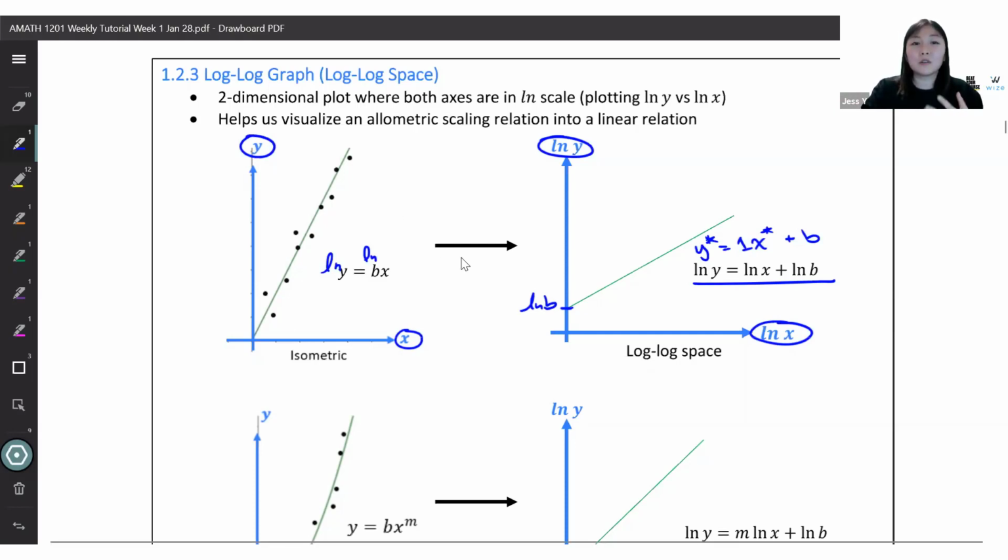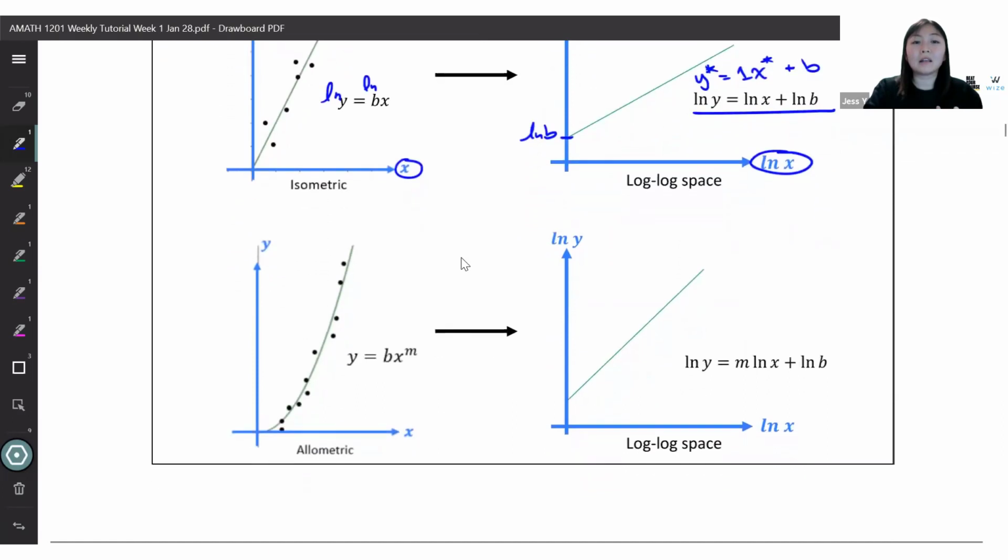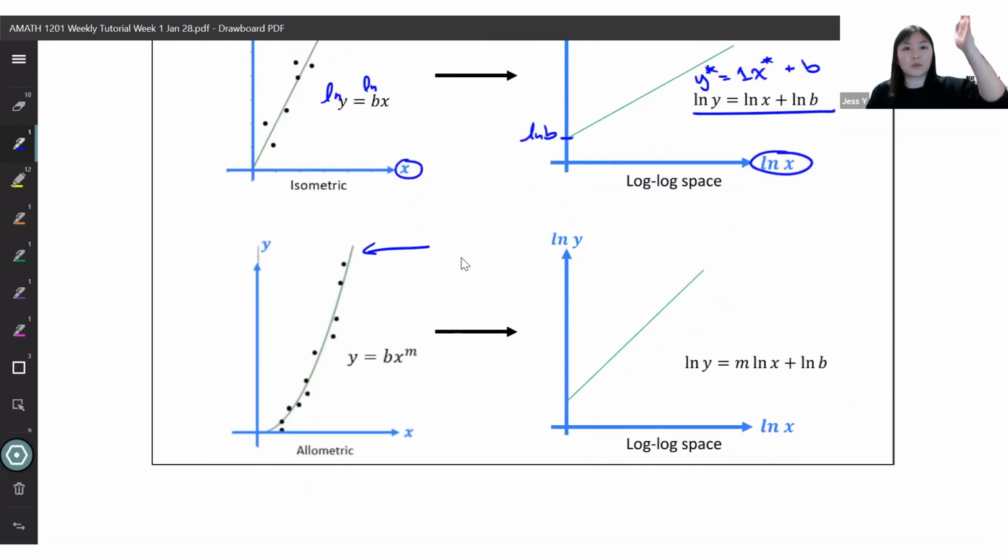But what's really interesting is when you have an allometric relation. So we have this kind of curve that just shoots up and grows really, really fast. Again, we do the same trick. We did it on the last slide, right? We take the ln of both sides, and then all of a sudden, we end up with ln y equals m times ln x plus ln b. I just rearranged them. It's the same thing we did before.